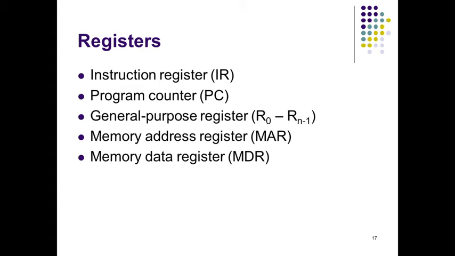Finally, the two registers which facilitate communication with the memory are MAR and MDR. MAR is the memory address register. MDR is the memory data register. The MAR holds the address of the location to be accessed, and the MDR contains the data to be written into or read out from the address location.